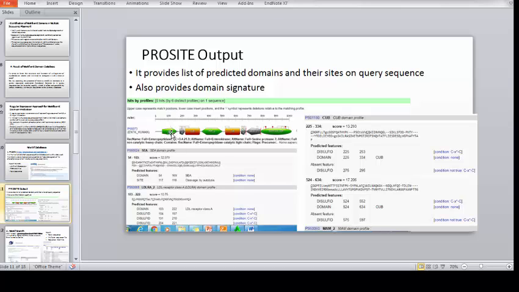PROSITE determines the name of the motifs, their signature patterns, meaning their amino acid or nucleotide sequences, and the sites and locations of those motifs. For example, in our query sequence there are many motifs. The first one is the SEA motif, the second one is the LDLRA motif, and then the CUB motif, and so on.